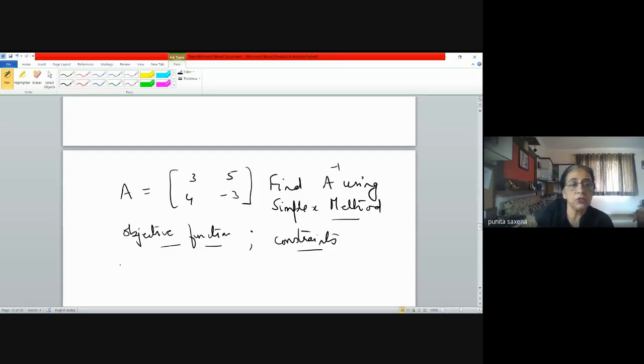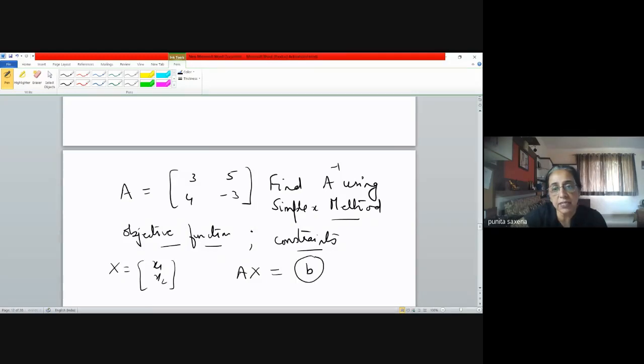So what we can do here is convert this into a system of equations, in the sense that I can bring in a matrix X with x1, x2 so that I can talk of AX, right? But for a system of equations, I need a right-hand side also.